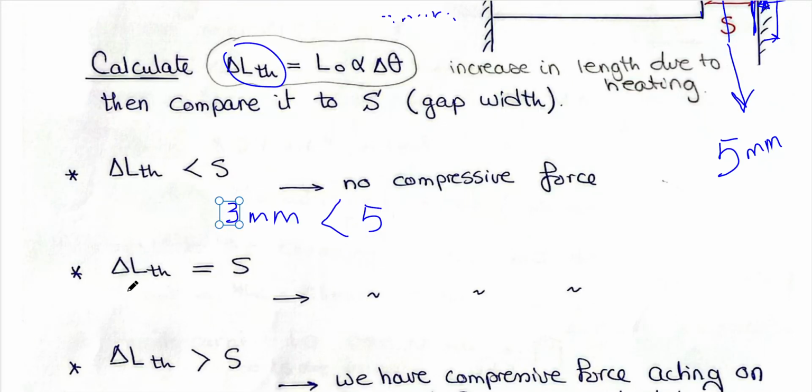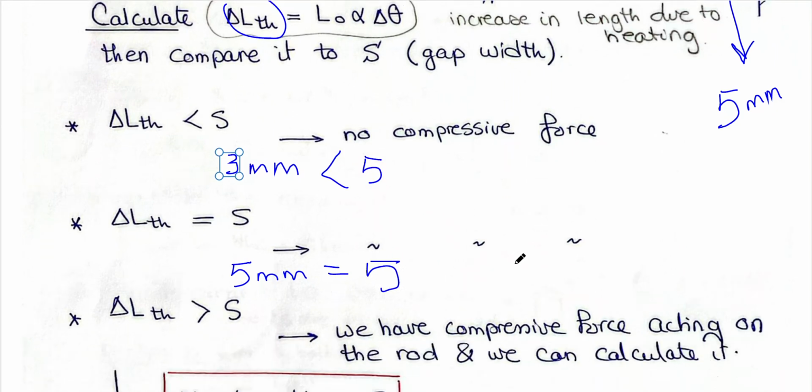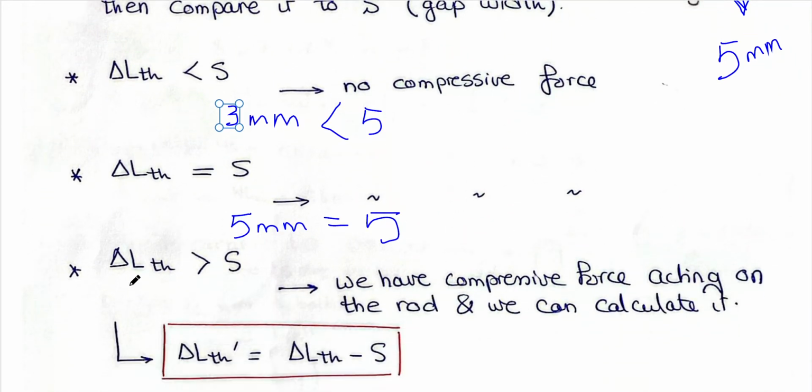If I find delta L thermal is 5 millimeters, equal to the gap width, I will just touch the wall and nothing will happen, so no compressive force. In case number 3, if delta L thermal is 7 millimeters, it's more than 5.